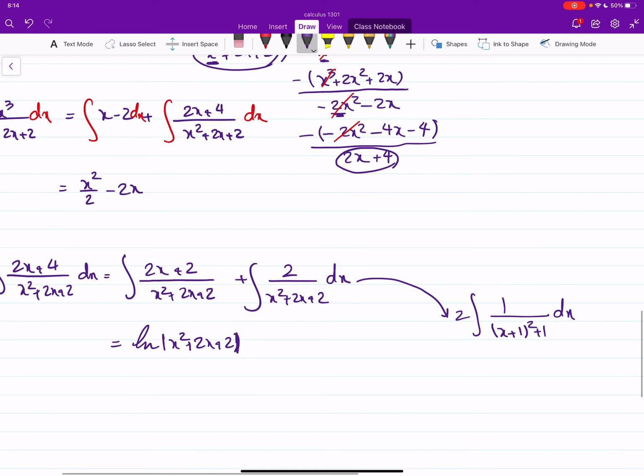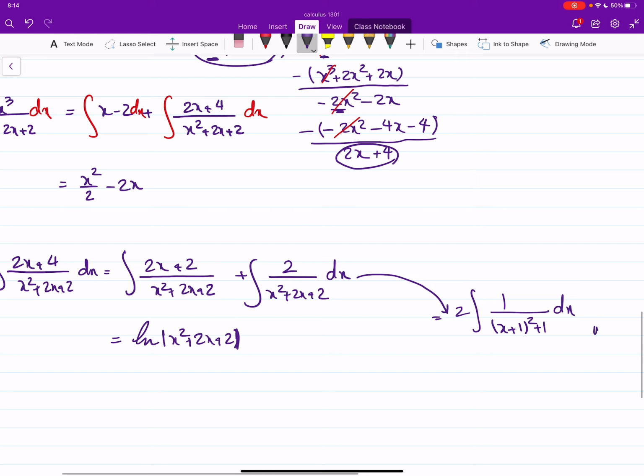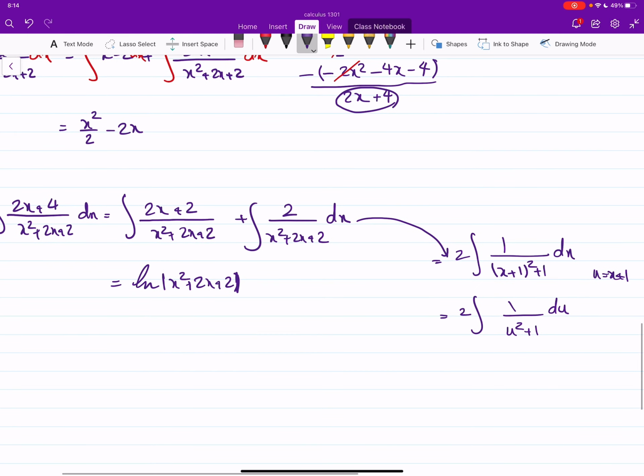And then if we set u to be x plus 1, that will give me the integral of 1 over u squared plus 1 du. And that is 2 tan inverse of u plus c, which is 2 tan inverse of x plus 1 plus c.